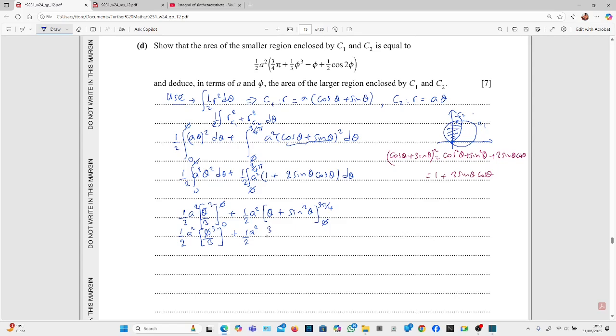The upper limit is going to be 3/4, because theta is 3/4 pi, and then plus the sine squared of 3/4 pi, which is then half. And so that's the upper limit minus the lower limit here.